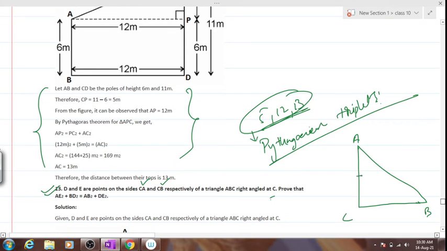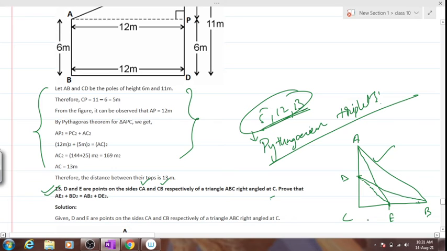CA and CB. D and E. Clear? Prove that AE, AE means you have to join AE now. AE square plus BD square is equal to AB square plus DE square.